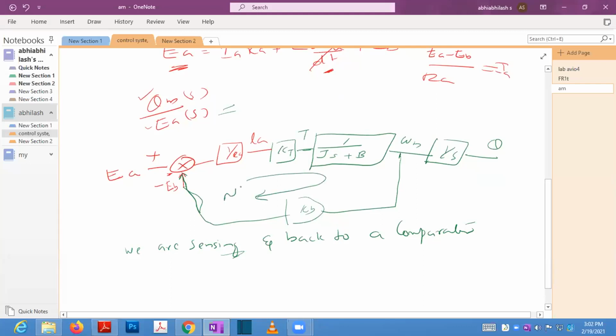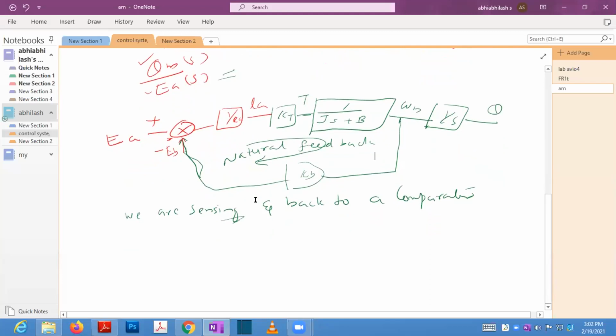This is a natural quantity, a natural feedback. We are not measuring anything from here and feeding it back to here. So it is called a natural feedback. If we have a sensor to measure the speed, a tacho generator or something, and we are measuring the speed and comparing it with something, then this is called feedback.